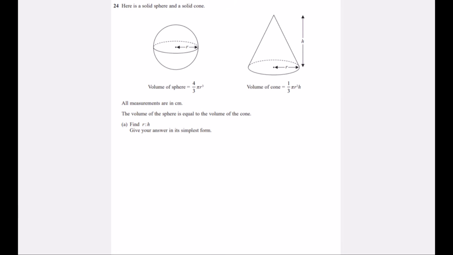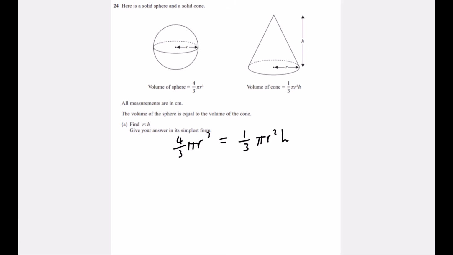Question 24. Here is a solid sphere and a solid cone. The volumes are equal. Find the ratio of R to H. So the volumes are equal, so 4/3 pi r cubed equals 1/3 pi r squared h.